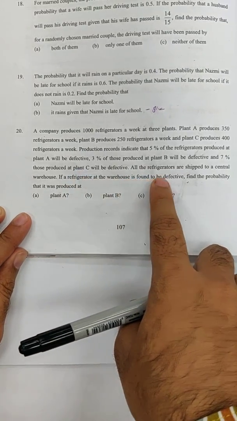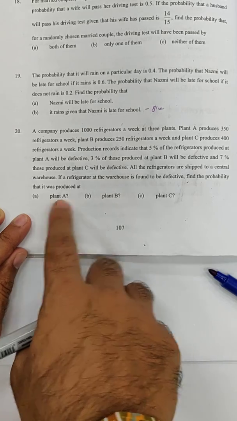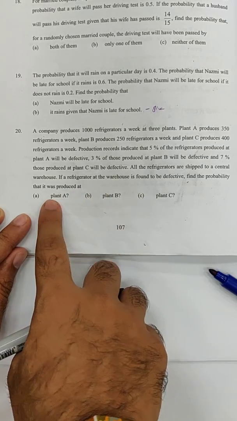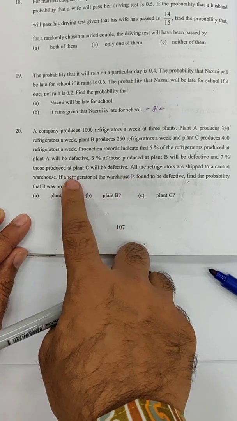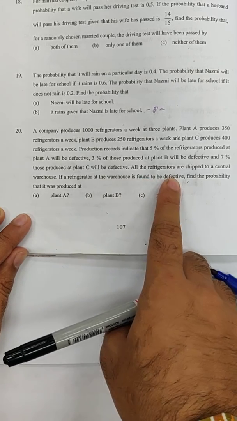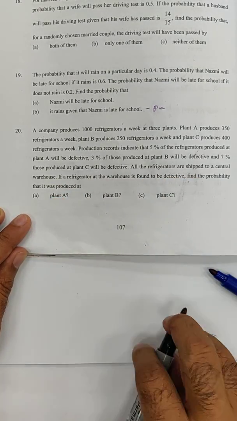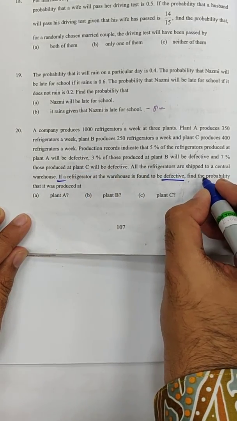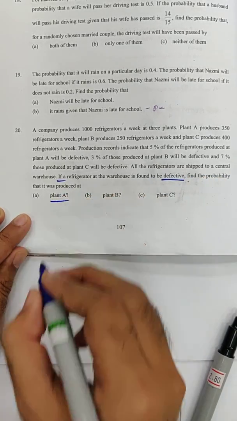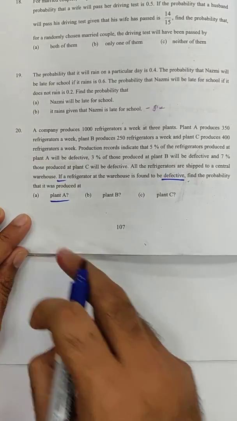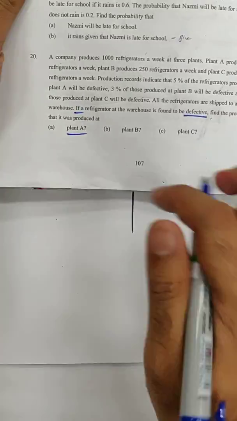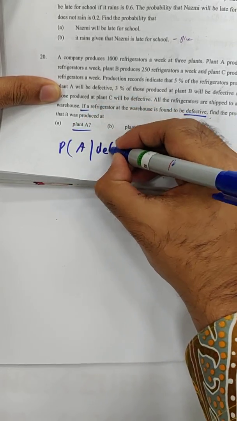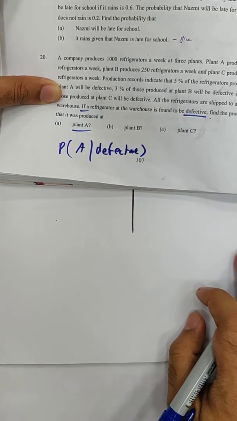If a refrigerator is found defective, find the probability it was produced at plant A, plant B, plant C. If we look at the first one, the A one, it says if defective, then find the probability it was produced at plant A. So for these questions, it's going to be the probability of A given defective.